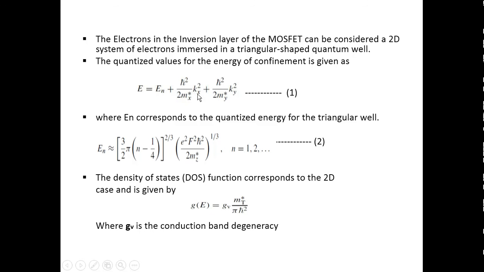That is why we have the k vector with kx and ky, where En corresponds to the quantized energy of the triangular well. This energy equation of a triangular quantum well you have to learn by heart.